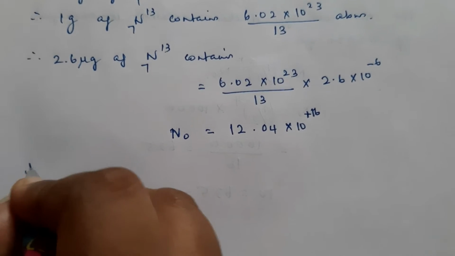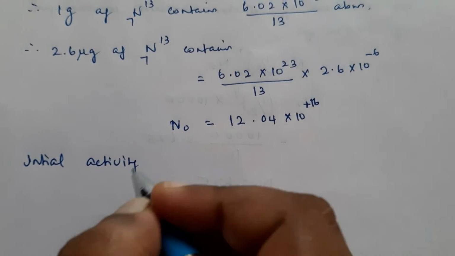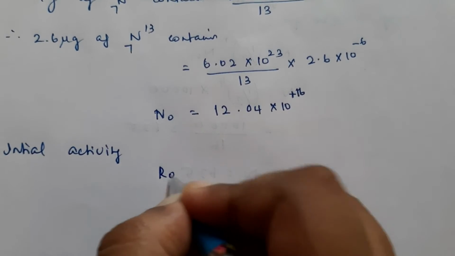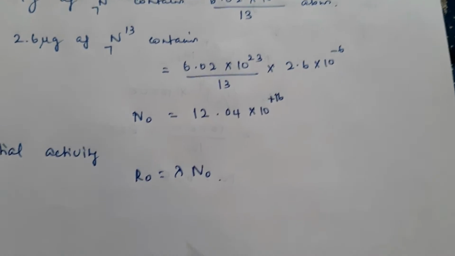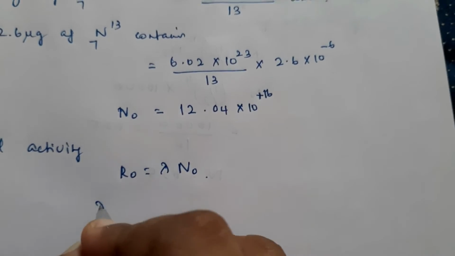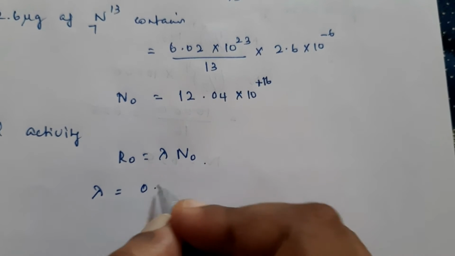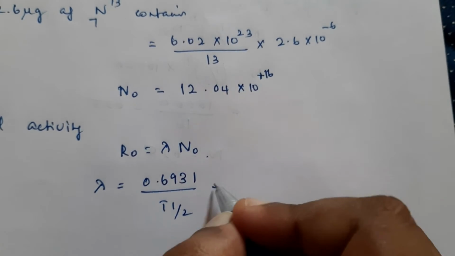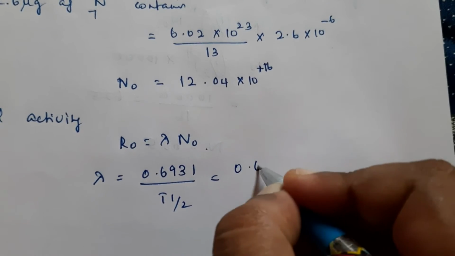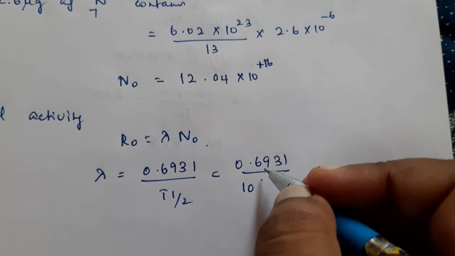Now coming to the second part, we have to find out the initial activity. The formula for initial activity is R0 is equal to lambda into N0. N0 value you know, but we don't know lambda. So go for calculating lambda, which is the decay constant. Lambda is equal to 0.6931 by T half, so it is 0.6931 by 10 minutes.